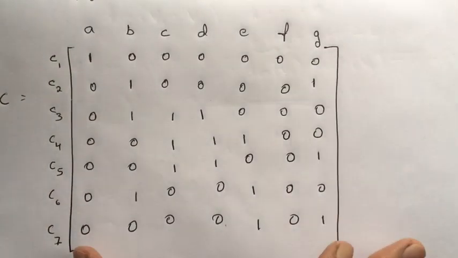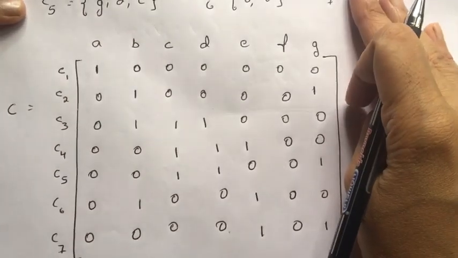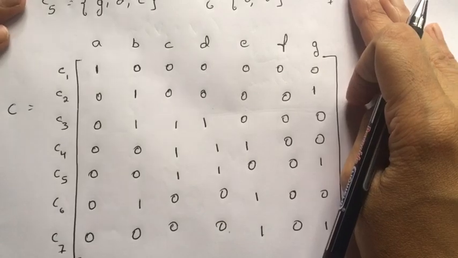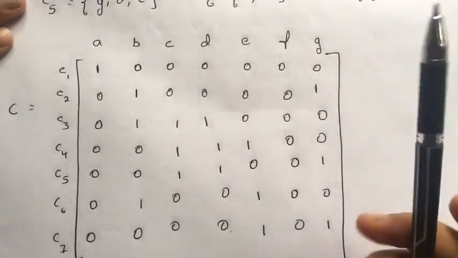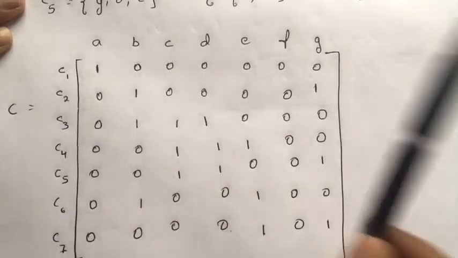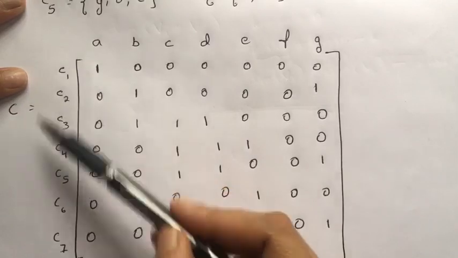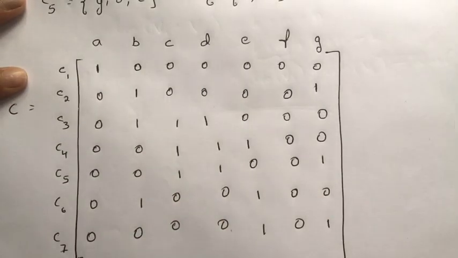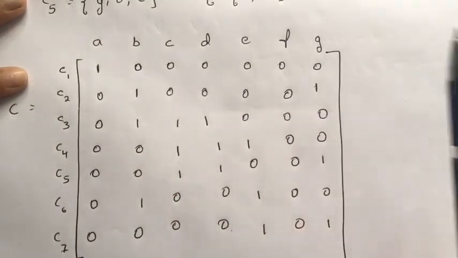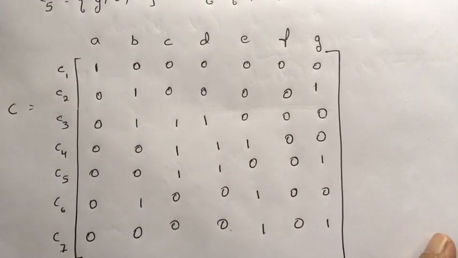Looking at this cutset matrix, we can observe a few things. Any permutation of rows or columns just corresponds to relabeling of cutsets and edges.